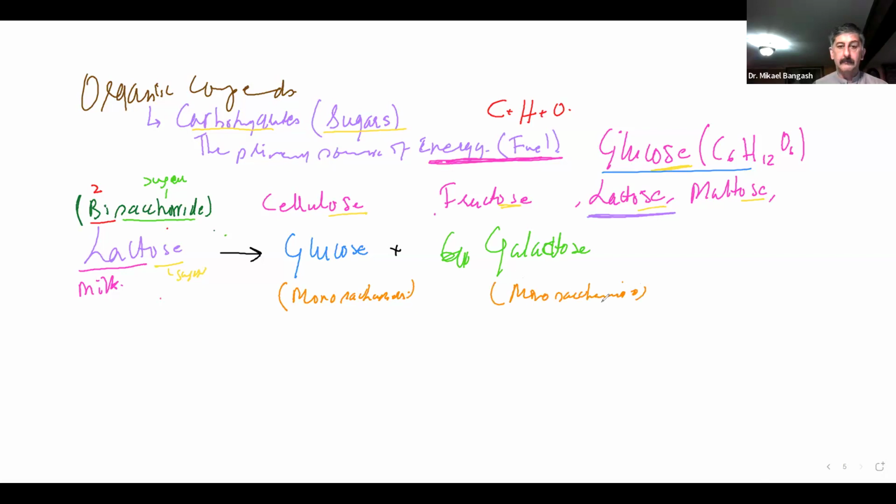Did you guys get that? So lactose was a bisaccharide because it was a sugar made up of two different sugars, or two molecules of sugars.